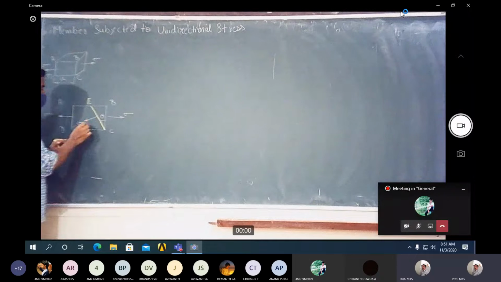Next, on the inclined plane there exist two stresses: one is a normal stress, another one is a tangential stress. This tangential stress is along the plane itself. It is tangential to the plane.